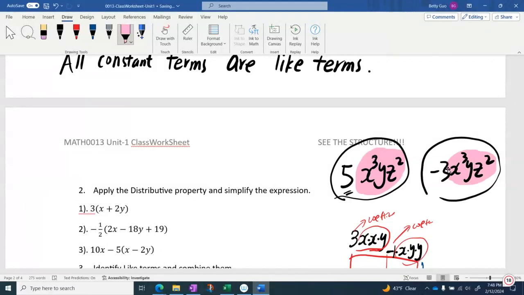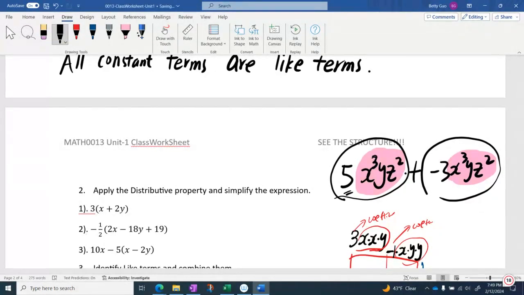So in order to determine whether the 2 terms are like terms or not, we only need to look at their variable parts. In this case, look at the 2 pink parts. Are they identical? x cubed is actually x times x times x, and then times y, z squared is z times z. So the 2 pinks are exactly the same, identical, right? So they are like terms. Since they are like terms, we'll combine them.